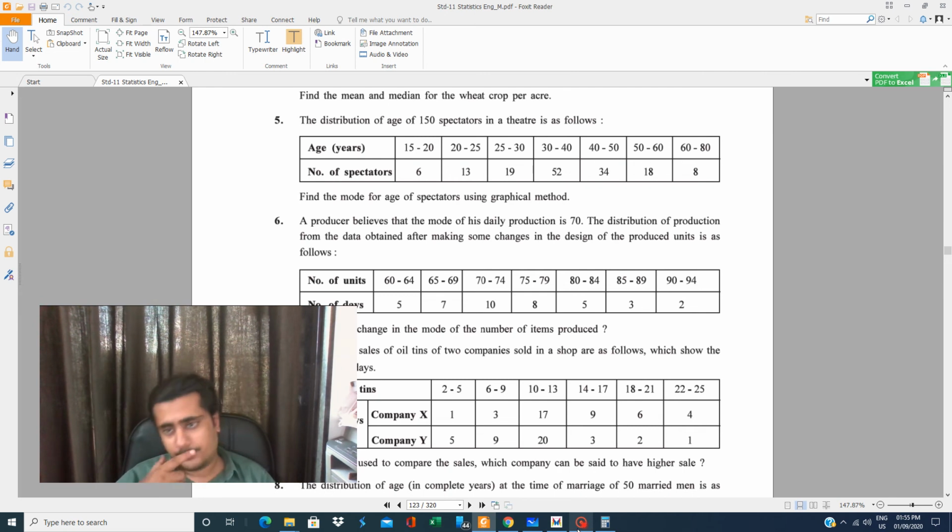The distribution of production from the data obtained after making some changes in the design of the produced units is as follows. So a producer already knows that his mode is 70.